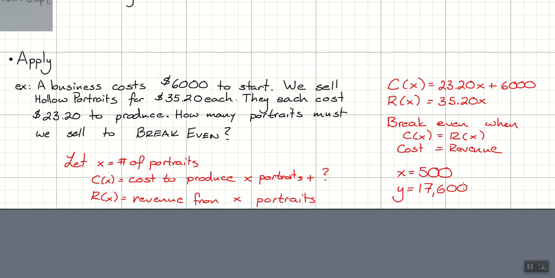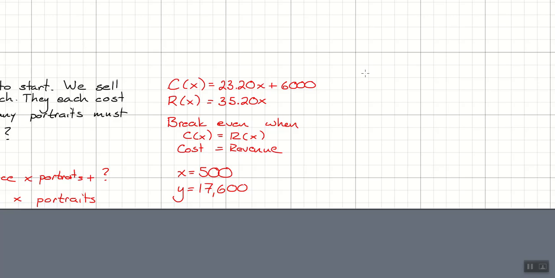Okay, so help me phrase this, and we're going to write a sentence here. We break even after selling how many? 500 portraits.